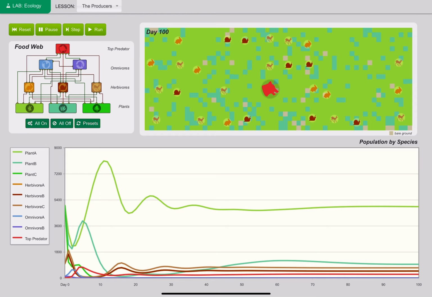And for the top predator, it should be around 10. And so you can look into the different plant species that the different herbivores can eat, and then the omnivores that will eat the plant species, as well as the animals and the top predator.